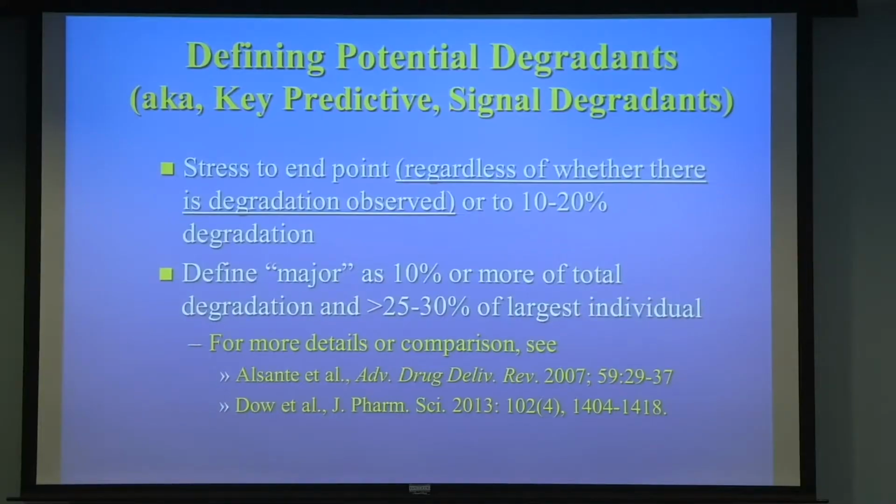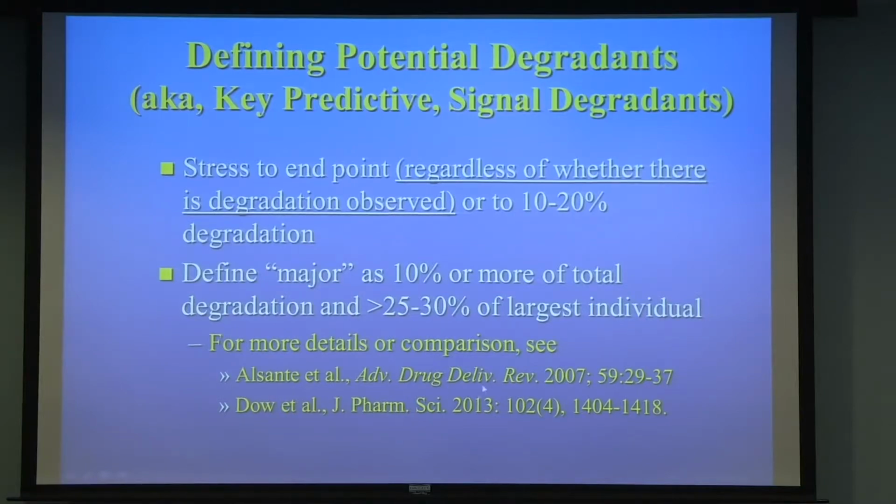But they're not 25% of 8. So that's how you keep the stress studies from exploding and get you focusing in on the ones that are most likely to be realistic. This has been documented in a couple of publications, and I include them here if you want to look for more detail.